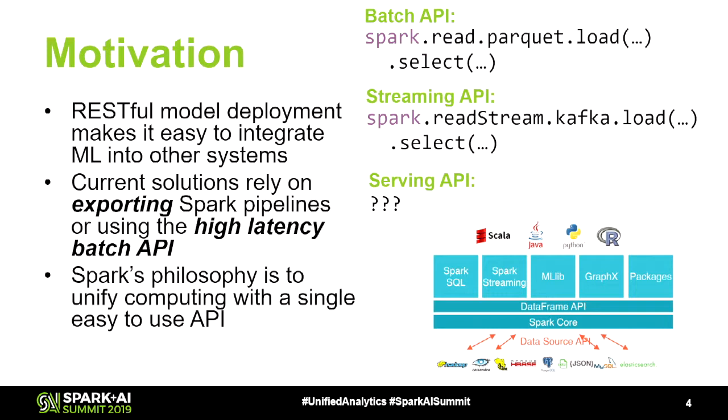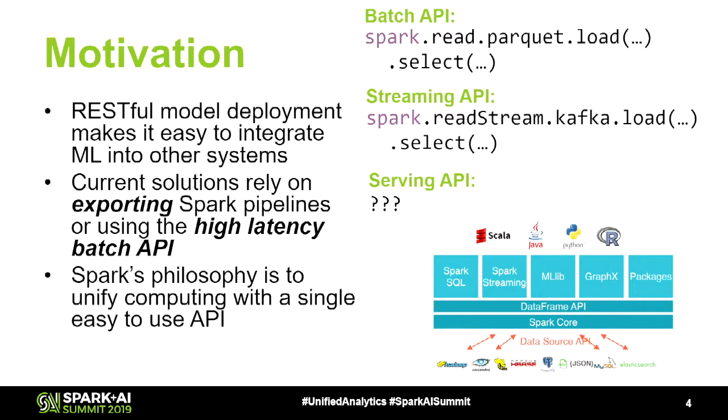So a brief motivation for this project is that you really want to be able to create web services with the computations you do in Spark, because creating a web service is the best way to share your code with others, from across the organization to down the hall, in different languages. You don't need to actually share the bits or figure out how to do bindings. You just share a web endpoint and anyone can call it.